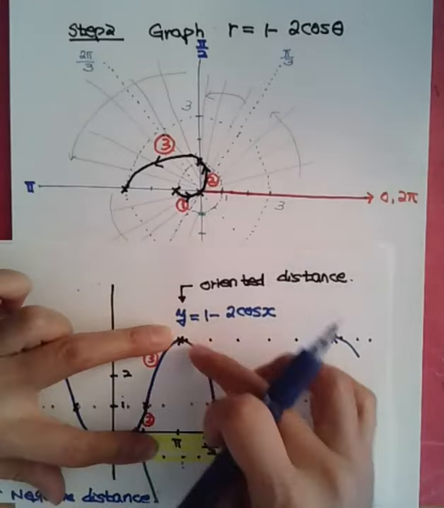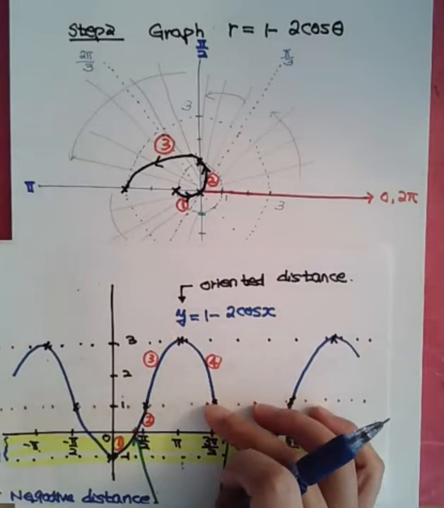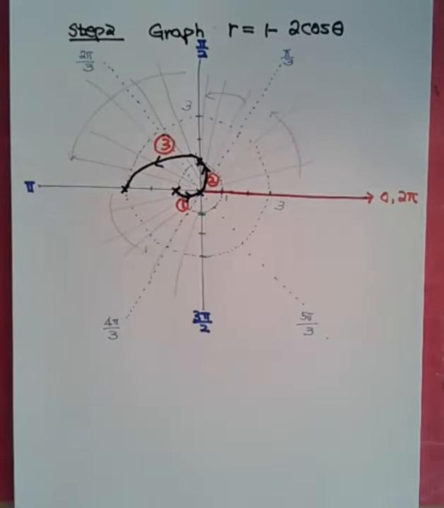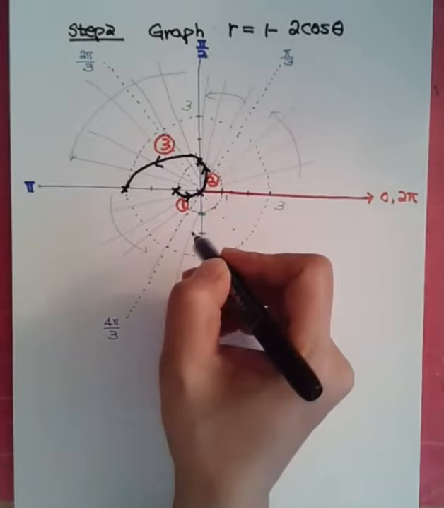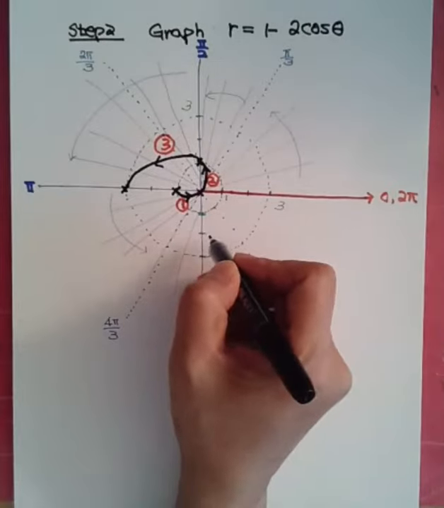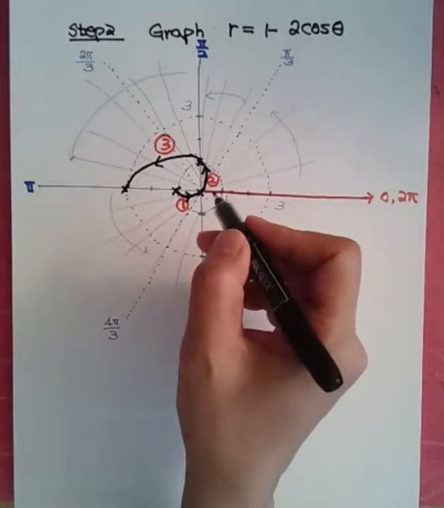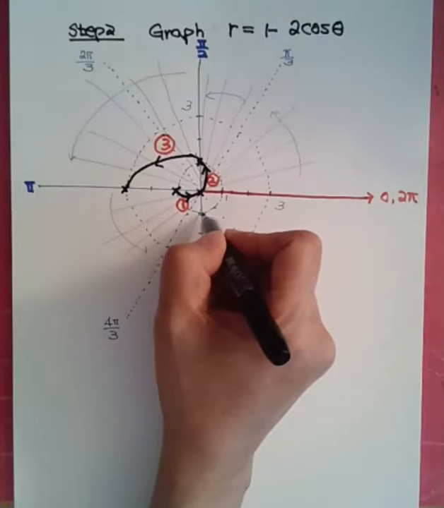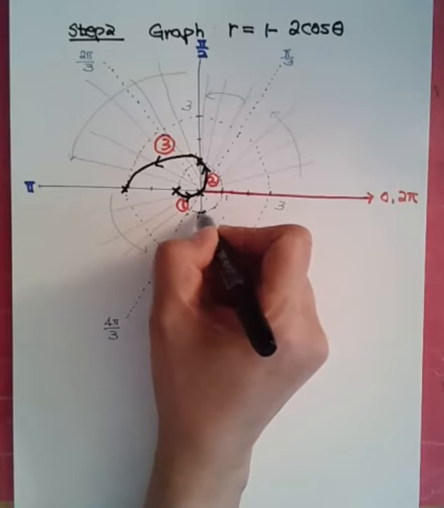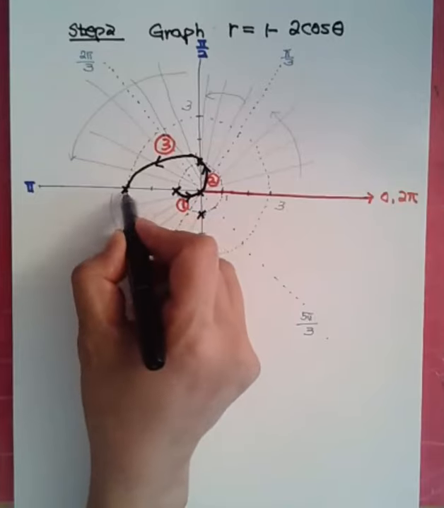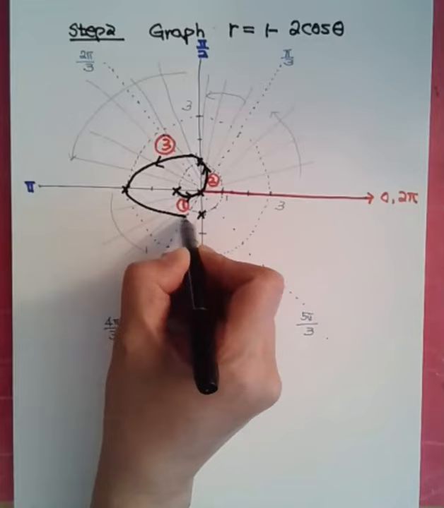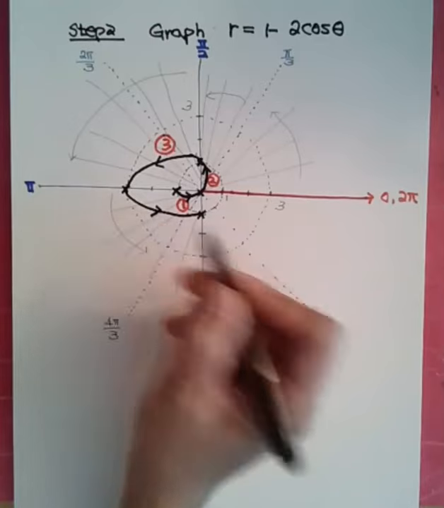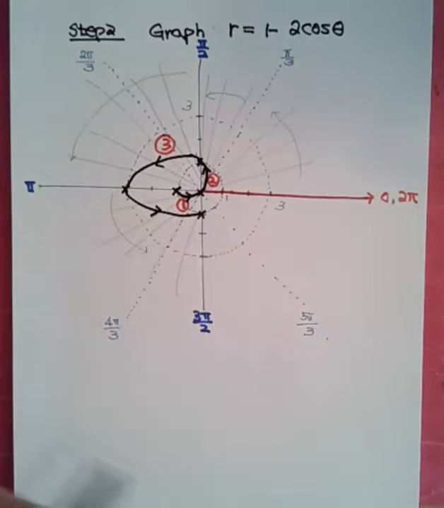However, it decreases and eventually becomes 1. So when the angle becomes 3 pi over 2, we have to mark at this point. And then we will follow this way.